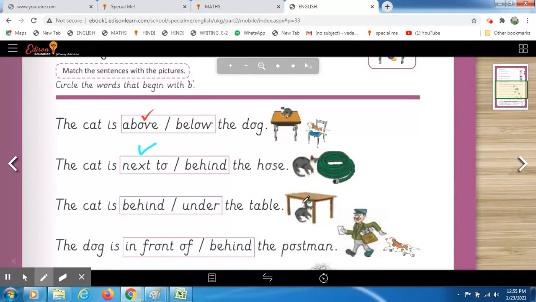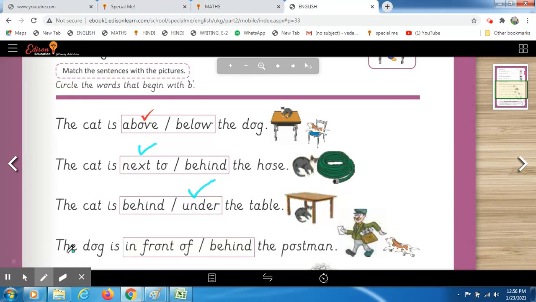Now see, this is the table. cat कहाँ है? टेबल के नीचे है. तो मैम ने क्या बताया था, जब कोई भी ऑब्जेक्ट, कोई भी थिंग किसी चीज के नीचे होती है तो हम क्या लिखते हैं? behind लिखेंगे या under? मैम under. Yes, this one is the correct word. behind मतलब क्या होता है? पीछे. So cat पीछे टेबल के? No, the cat is under the table.